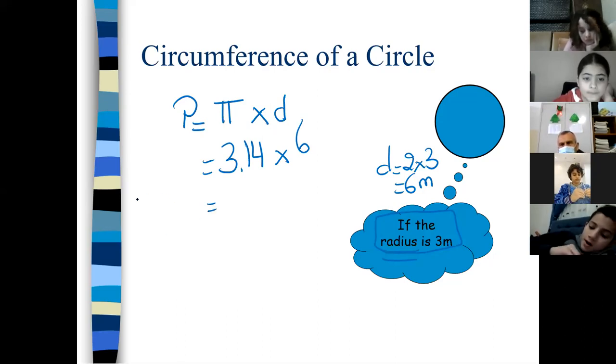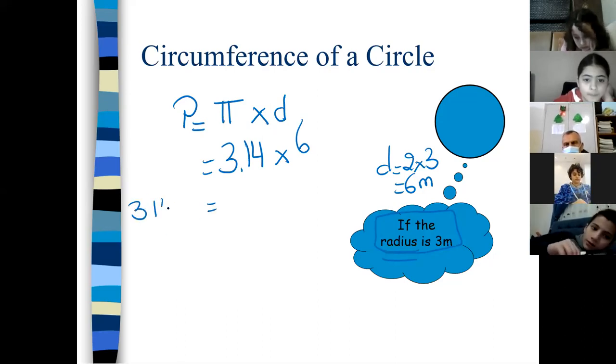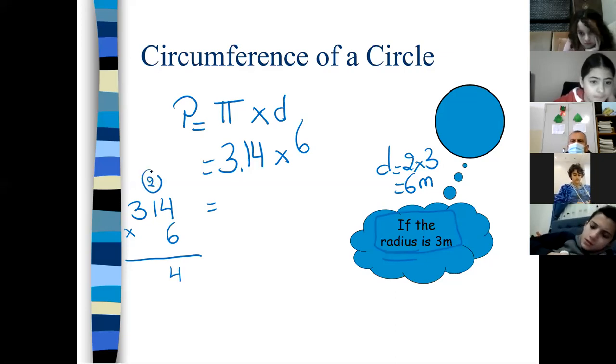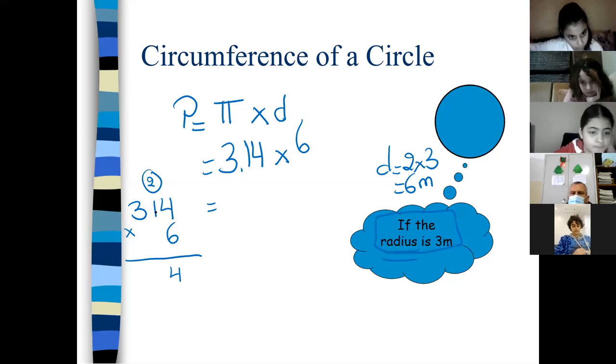Let's arrange them here, without the decimal point. 6 times 4 is 24. 4 down and 2 up. 6 times 1, 6, plus 2, 8. 6 times 3, 18.